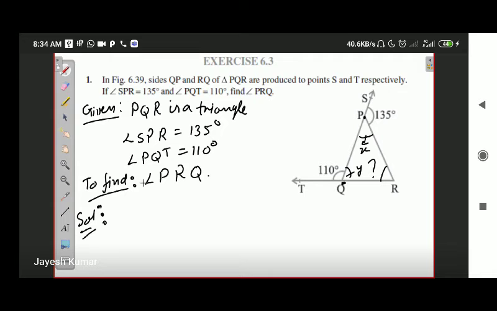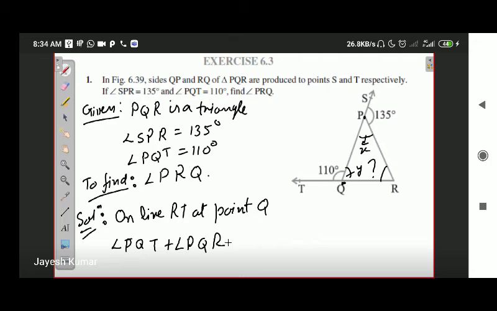Okay. So what happens here is on line QT, on line RT at point Q, angle PQT plus PQR is equal to 180 degree.